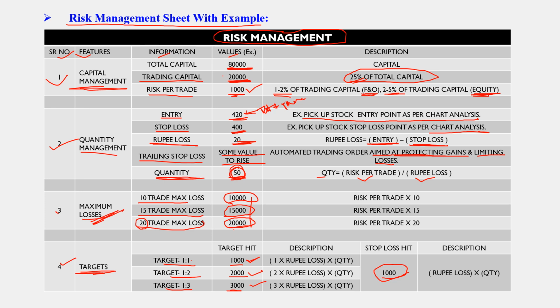Say we do five trades back to back. In those trades we lose three times and win two times. Three losses means 3000 lost in that example, right? And in that example we hit the target at 1:2, which means 4000.